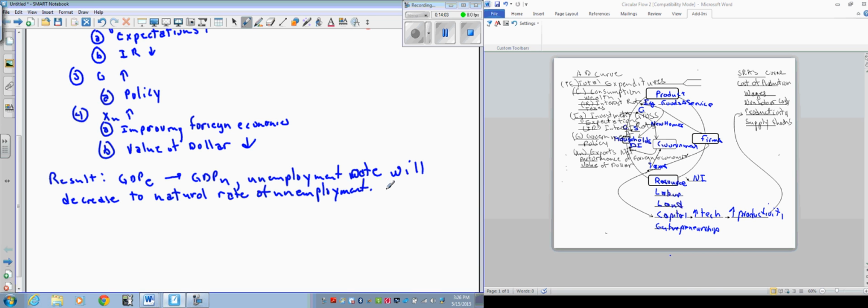That natural rate then will be reflected in our first goal. So our first goal, measurable goal, and that first goal is full employment.